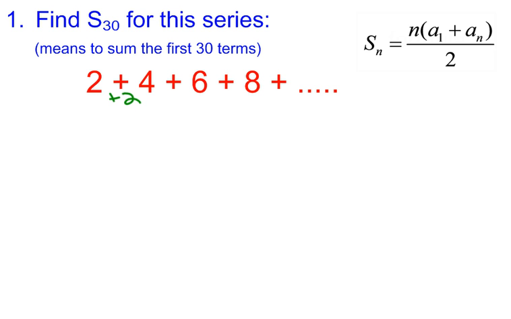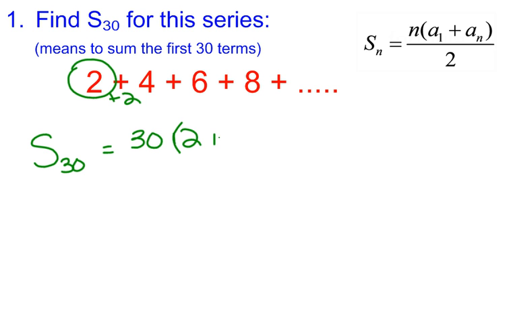So we want to find the 30th term. We'd say the sum of the 30th term is, and then my n value in this problem would be 30 times a1, well my first term is 2, plus an, which means what is the value of my 30th term? That's what needs to go right here. I don't know my 30th term, that's not listed here, so I'm going to have to go off to the side and try to figure that out using what we've learned in previous days.